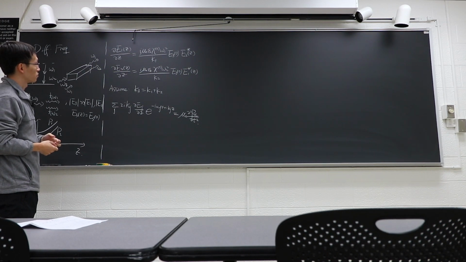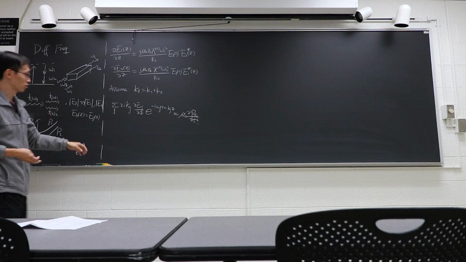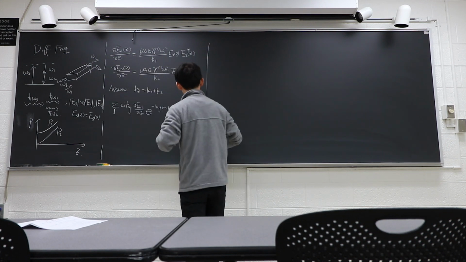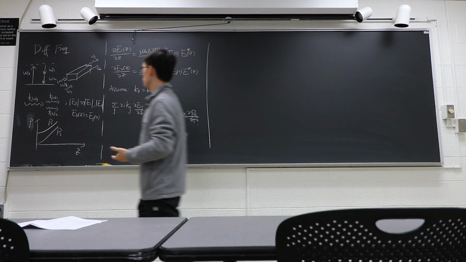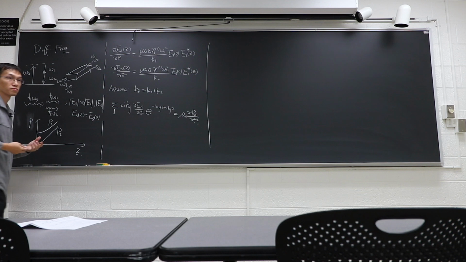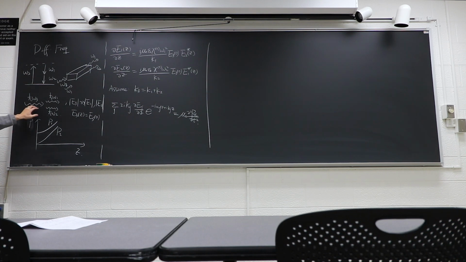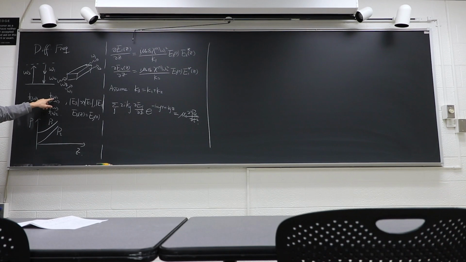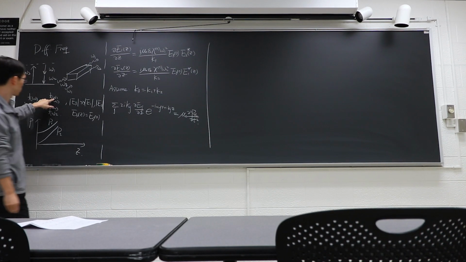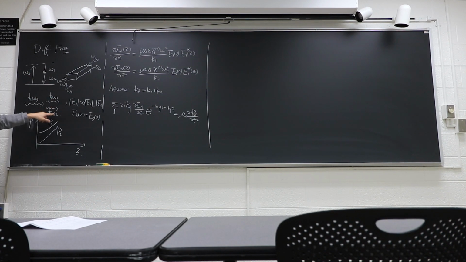So let's take second harmonic generation, sum frequency, and difference frequency generation as an example and see what we can do here. In this process, you create 2 photons, one at omega 1, the other at omega 2, and you annihilate a photon from omega 3.